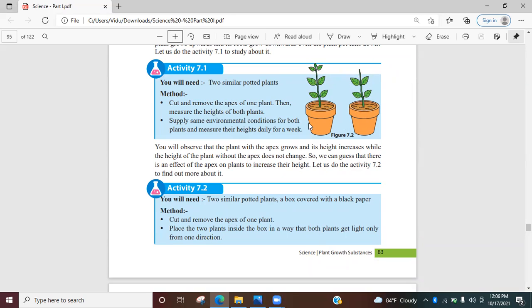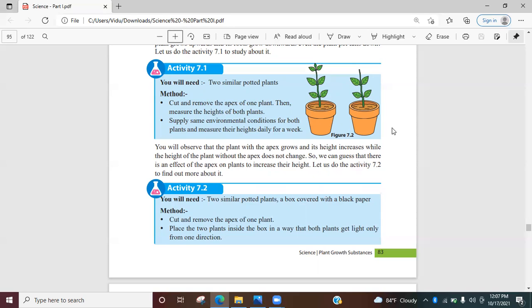When you observe during 1 week, the plant with the apex grows and its height increases, while the height of the plant without the apex does not change. It means the plant doesn't grow. So now it's clear that the apex has an effect on increasing the height of plants.